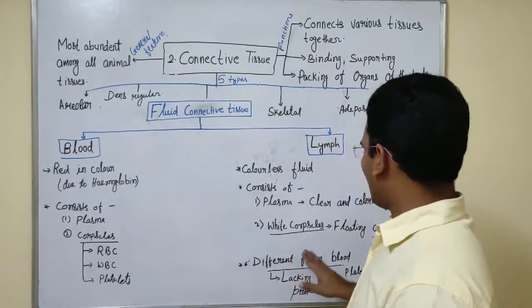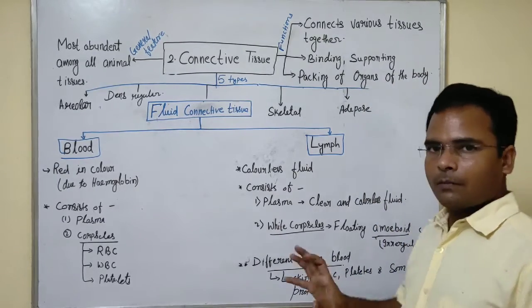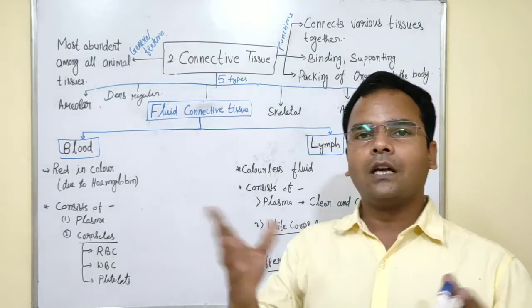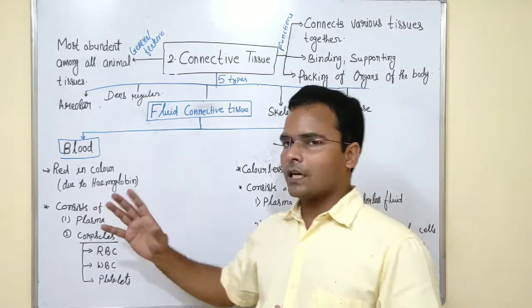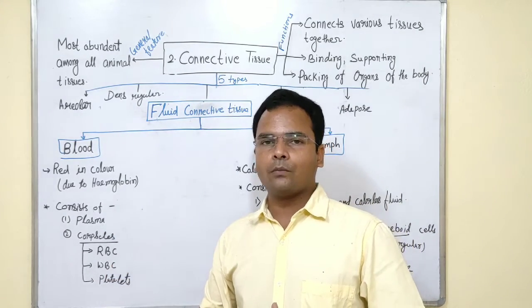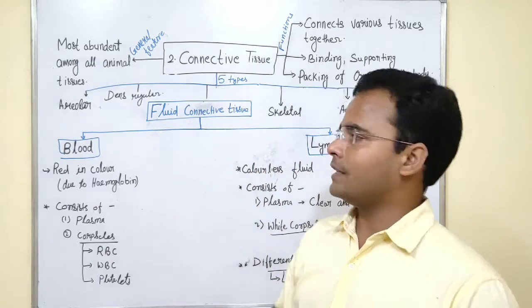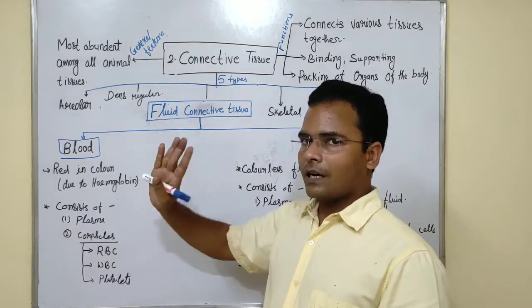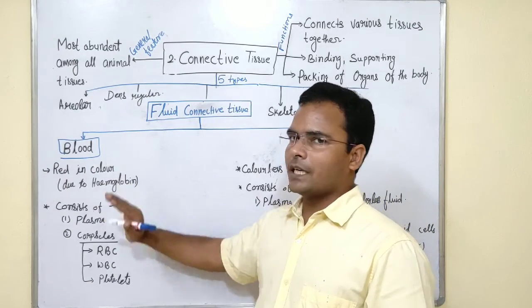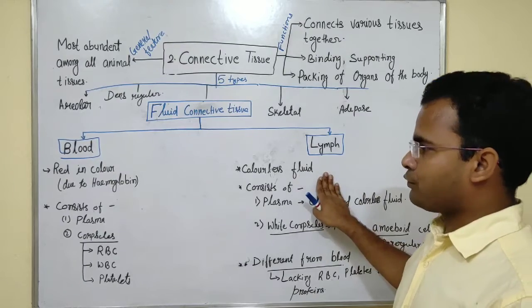Since no RBCs are present in lymph, it doesn't have any color, because the hemoglobin in the RBC makes our blood red. So the first difference is in appearance: blood is red, but the lymph is a colorless fluid.